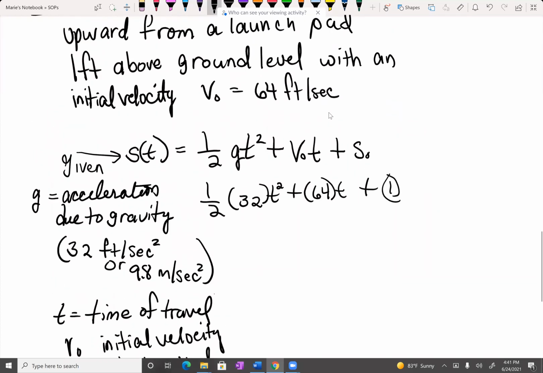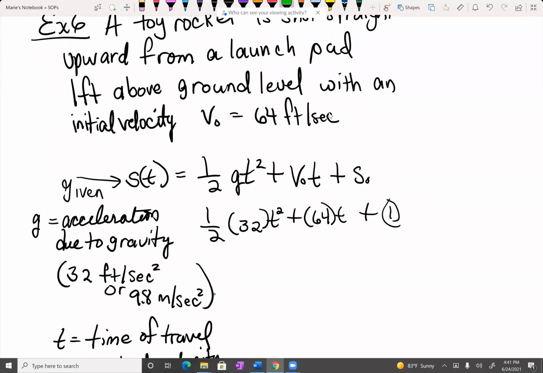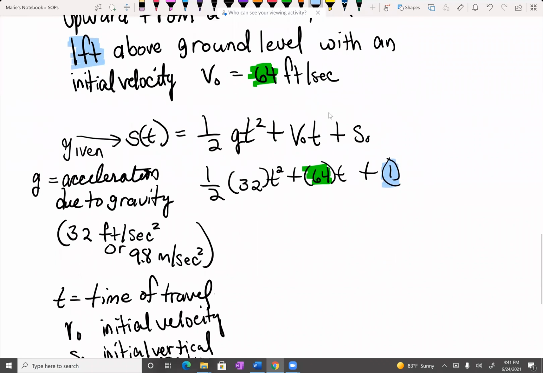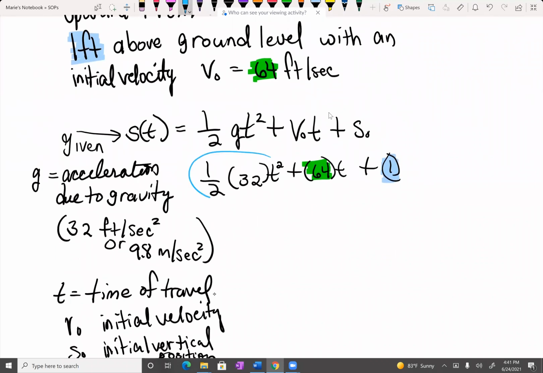All right, and if you're having trouble following some of this, let me highlight some details. That's your initial velocity. This is your 1 foot above the ground level. That's your s of 0. And this part was given to you in the setup. So once you plug this in, you would work this out.